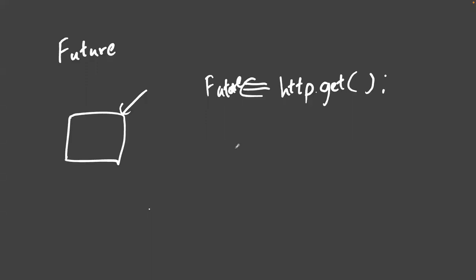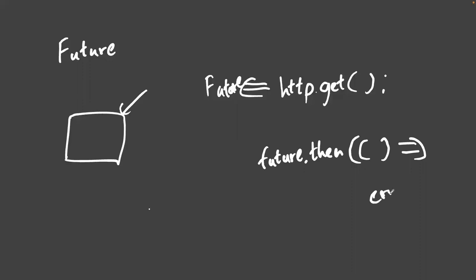With this value in the main thread, what I can do is, okay, you have a future, so I can link into it: when you get the value, then do this. If you get a value, you can do something like this, or if you get an error, you can do something like this, right? So we can write that the same as a promise.